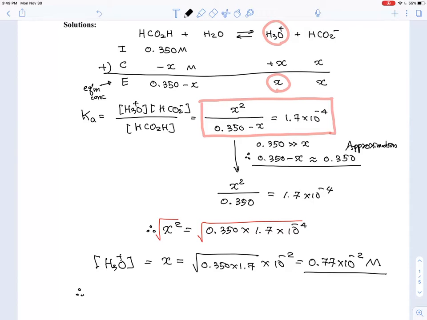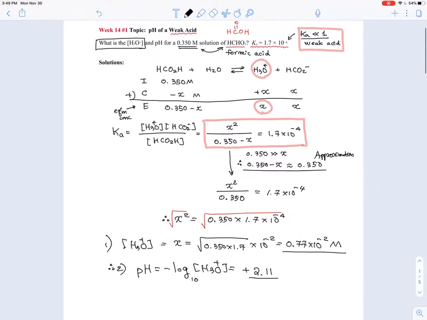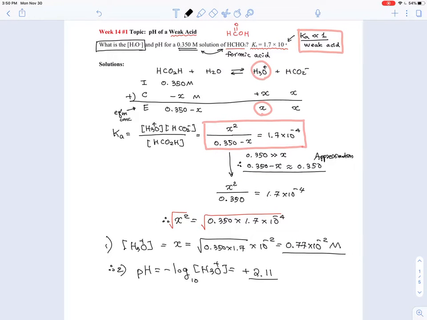That's the first question, and also the pH, which is minus log 10 of H3O plus. So you plug those values in, and you will find 2.11. That's the pH value from the addition of this formic acid.